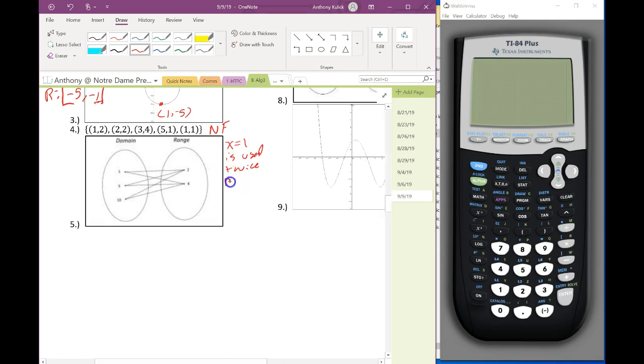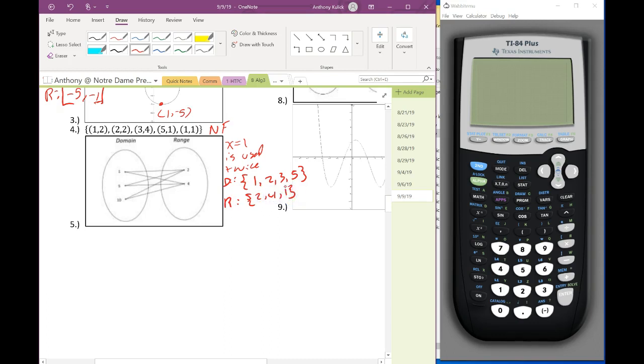The domain, how many x's do we have? 4, so we can just list them. 1, 2, 3, and 5. Notice that even though 1 occurs more than once, I don't write it more than once. And similarly with the range, 2, 4, 1.